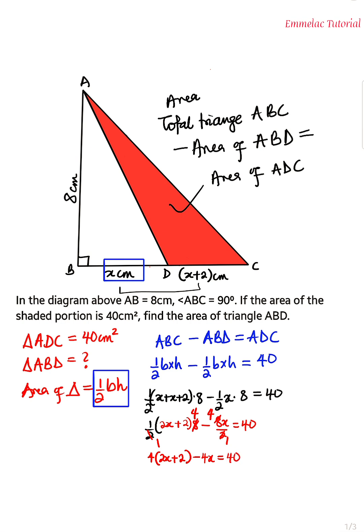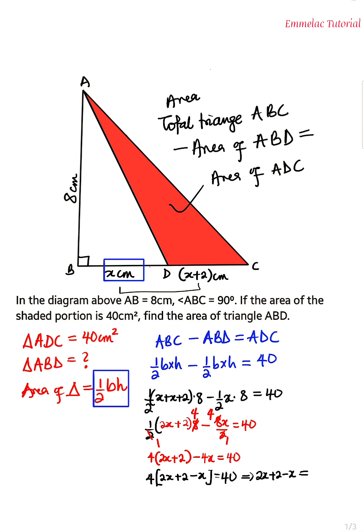Now looking at the left hand side, you see a common factor, which is what? 4. If we factor that out, we have 4 into 2x plus 2, minus x, equals 40. Now when we divide both sides by 4, the right hand side becomes 10, and the left hand side is 2x plus 2 minus x.